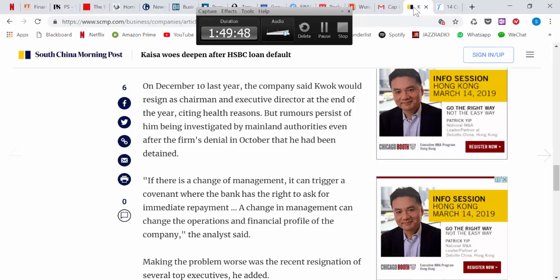But rumors persist of him being investigated, even after the firm denied. If there is a change of management, it can trigger a covenant where the bank has the right to ask for immediate repayment. And HSBC did that. And other people knew. So they'll be watching, okay, can they pay or can they not? And it turns out they can't pay. When all eyes are on you, I don't think you can hide something like that.